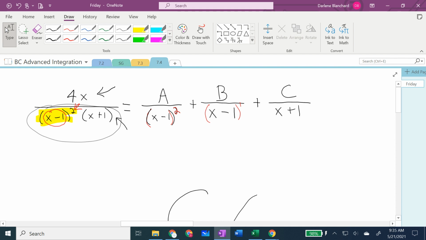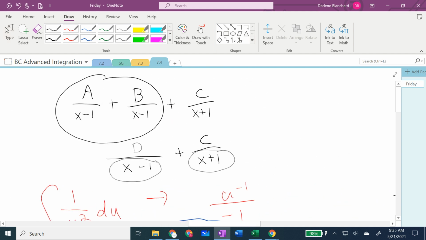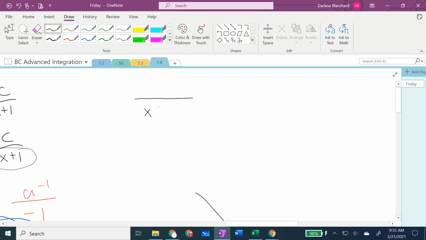Real quick. I see why that one works, but you can't have just an x minus 1 like all three of them. Why couldn't you have one with x minus 1 squared in the denominator and one with the x plus 1 in the denominator? That is a very good question. If I have an x minus 1 squared denominator and an x plus 1 denominator, for a degree 2 in a denominator, a lesser degree would have to be a full linear.